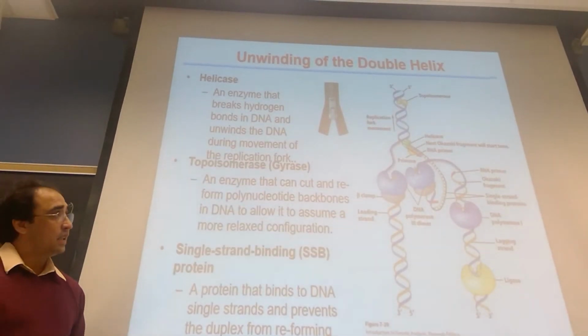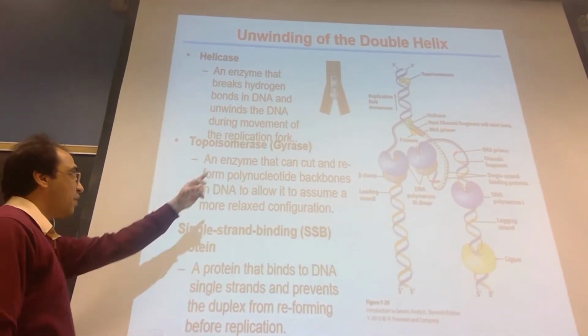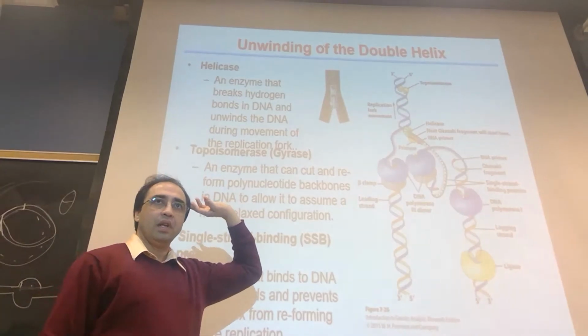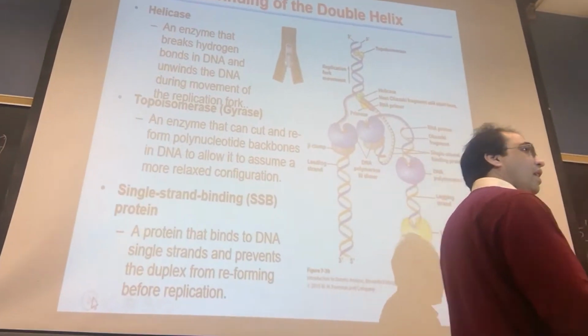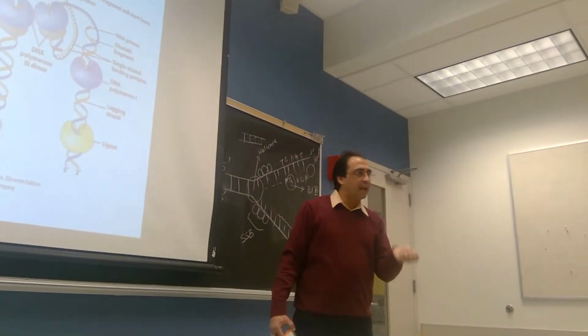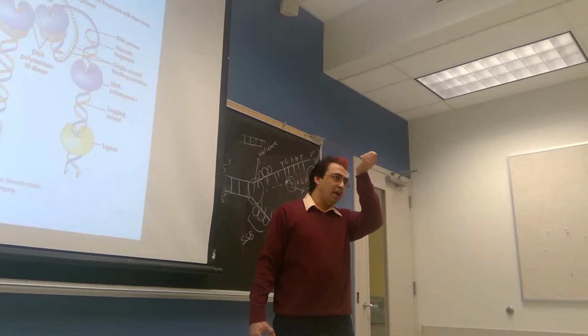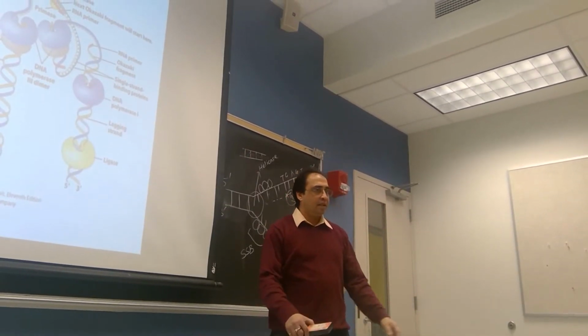So helicase is an enzyme that breaks hydrogen bonds, just functioning like a zipper. That's why I put the zipper's figure there. You can remember that one, just the function of the zipper. If you pull up the zipper, it will open up the strands like this. Okay.